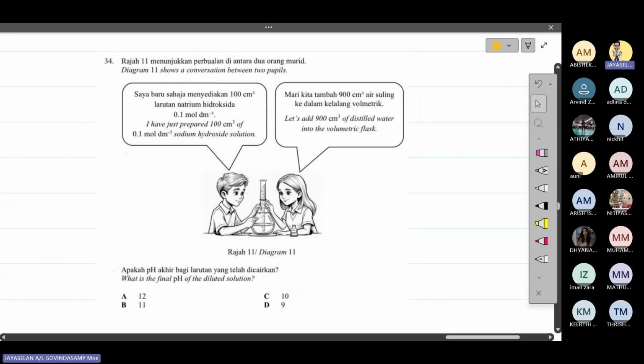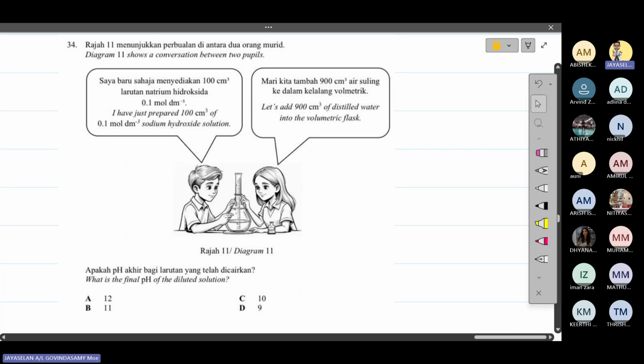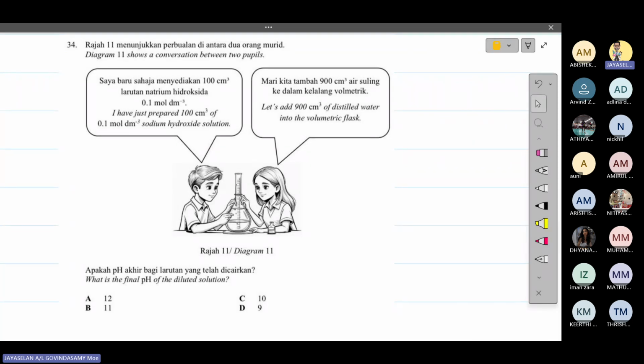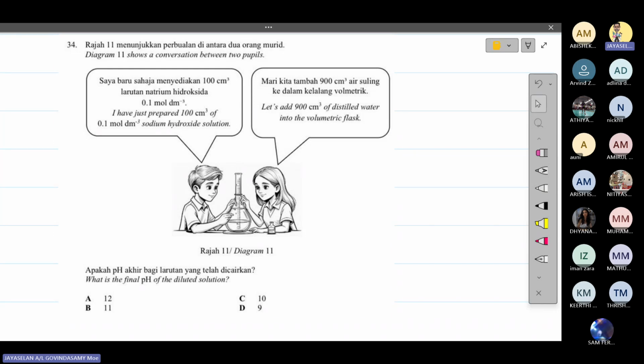Okay, last question. Diagram 11 shows the conversation between two people, then 0.1 mol dm^-3 of sodium hydroxide, the initial volume 100. Okay, so they add distilled water.